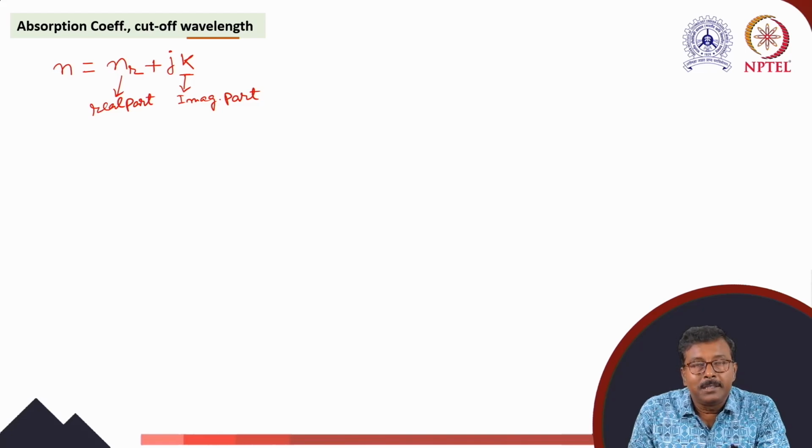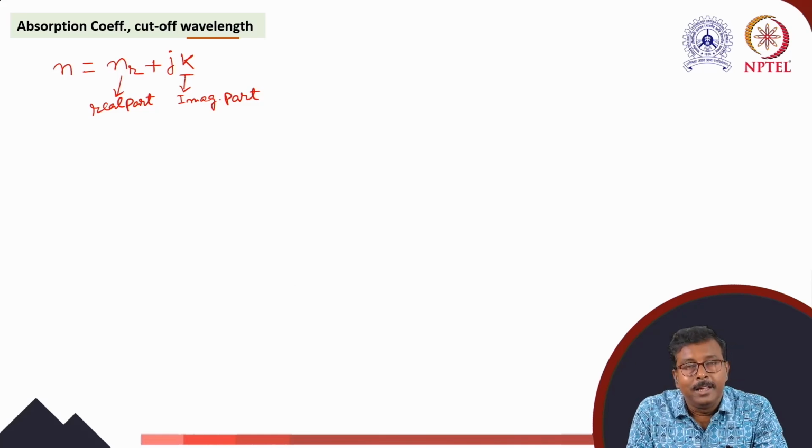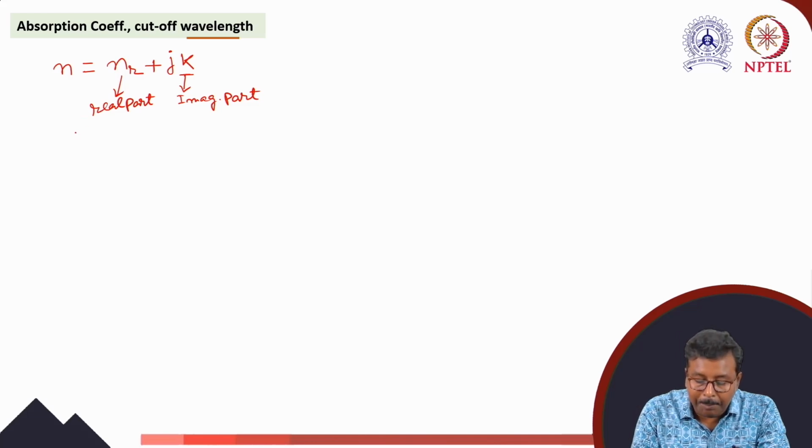The real part is responsible for changing the phase of the light when it is propagating through a material or media. But the imaginary part, K, is responsible for absorption. And alpha is nothing but 4 pi, this imaginary part K, divided by lambda.